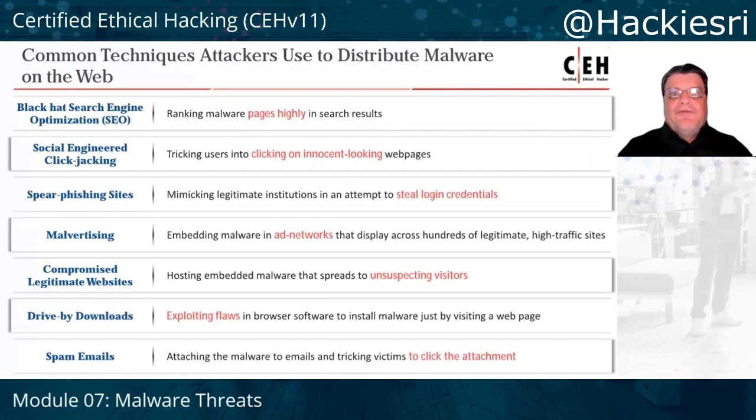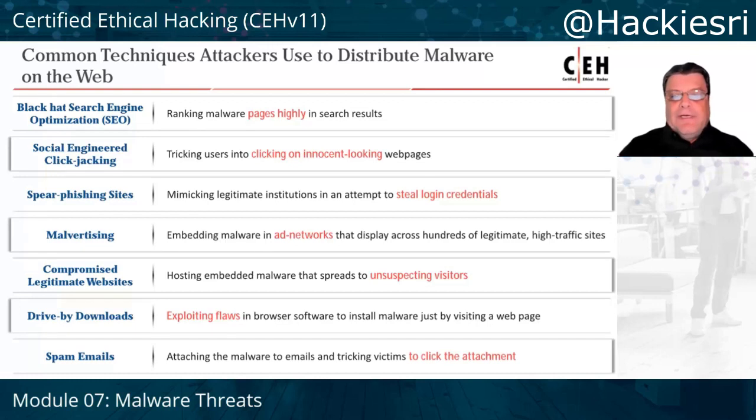Common techniques attackers use to distribute malware on the web include the following. Black hat search engine optimization, ranking malware pages highly in search results. Social engineered clickjacking, tricking users into clicking on innocent-looking web pages. Spear phishing sites, mimicking legitimate institutions in an attempt to steal login credentials.